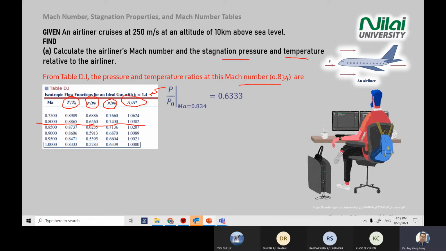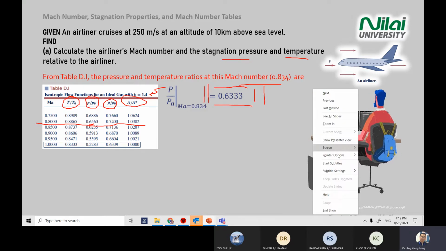You interpolate between these two numbers and use 0.834 to find this number. If you forget how to do interpolation, I think you need to call Engineer Ma to teach you, or maybe your previous secondary school math teacher.